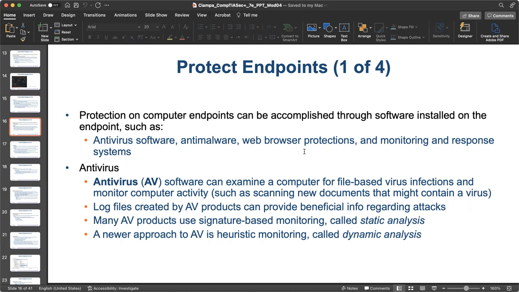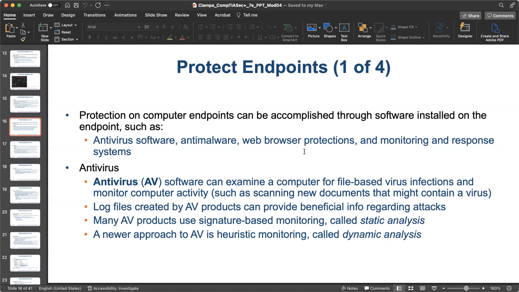This software can examine a computer for file-based virus infections, as well as monitor computer activity and scan new documents that might contain a virus. Scanning typically is performed when the files are opened, created, or closed. However, some antiviruses scan the entire disk regularly, even when the files are just at rest, right?